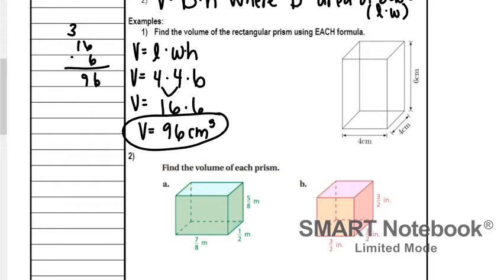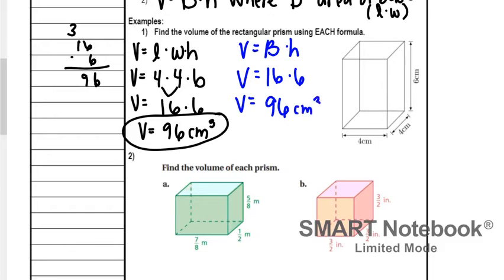All right. Now let's do it with our second formula. So we have volume equals area of the base times the height. The volume equals the area of the base, which is 4 times 4, which is 16, times our height, which is 6, which you will see that these are the exact same thing. We don't have to redo the math because that is going to be 96 centimeters cubed.